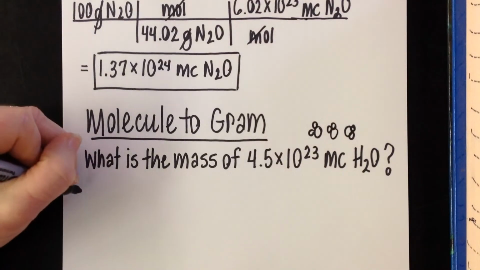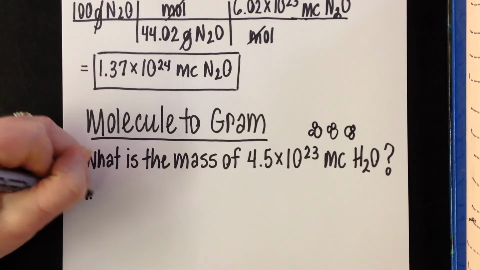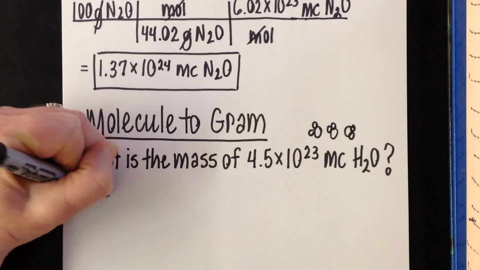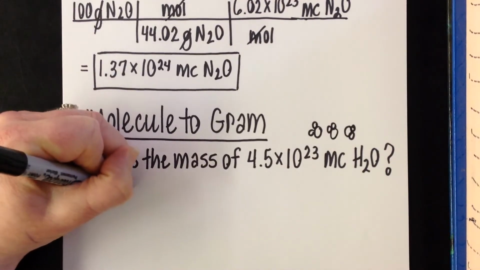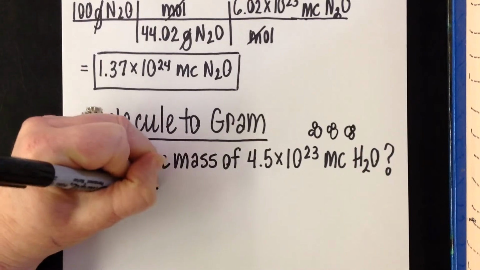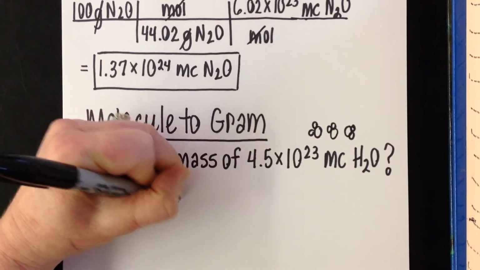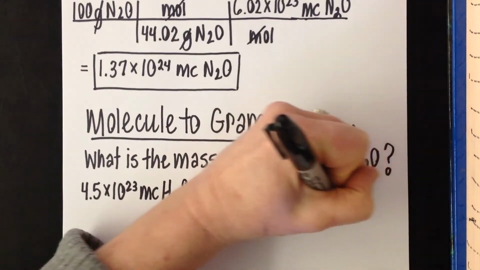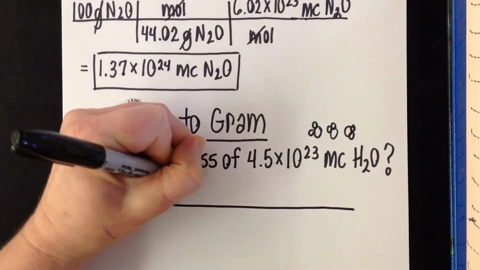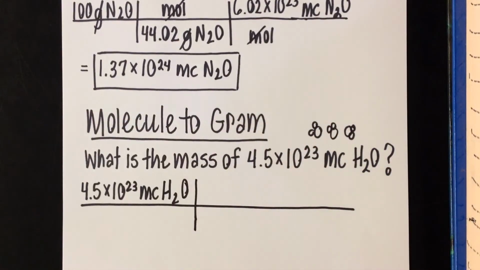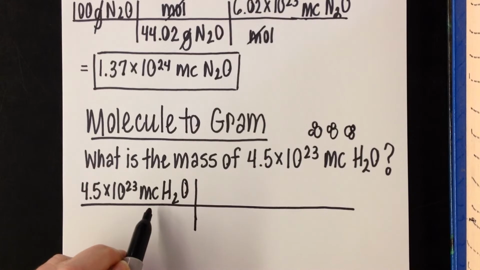So we're going to write down the given. We have 4.5 times 10 to the 23rd molecules of water. Go ahead and draw that long line and your short line, and you're ready to go. Now, I know molecules are going to have to be on the bottom because they're on the top here.